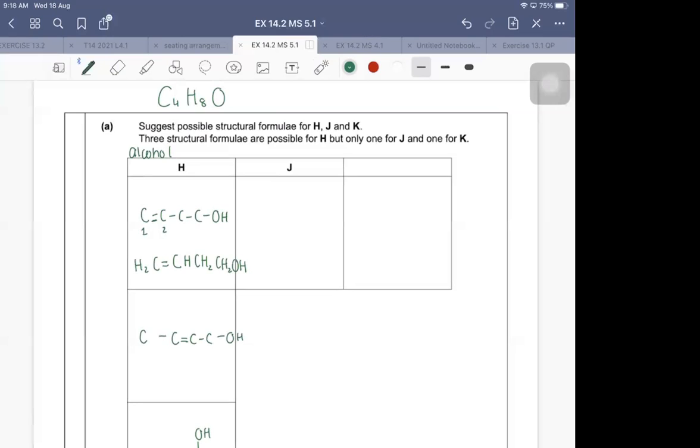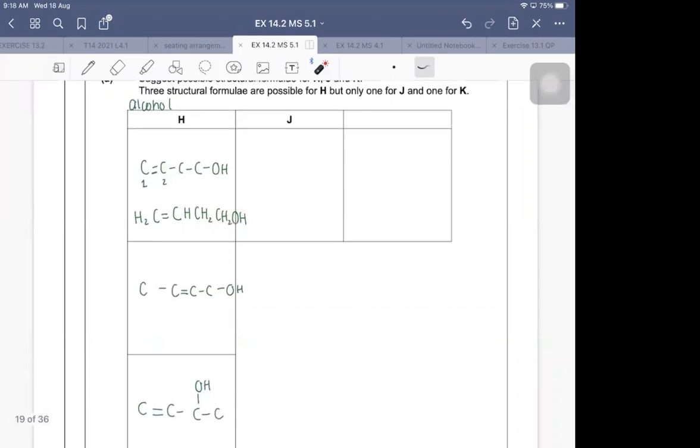And make sure also you don't simplify this into C3H something, H6O. Okay, that's not a structural formula. So I'll let you finish off the three structures in terms of writing their structural formula.